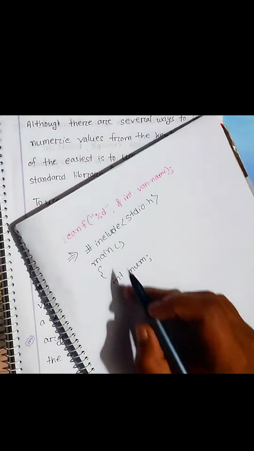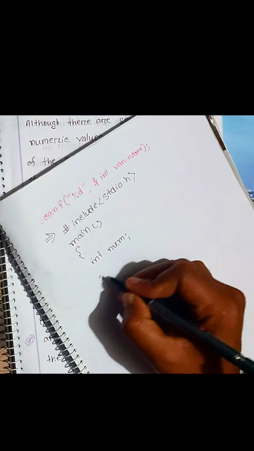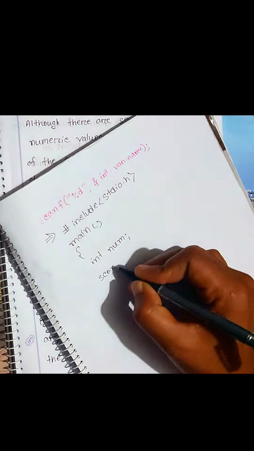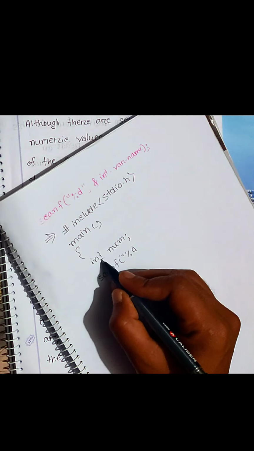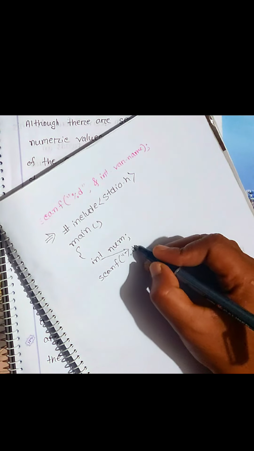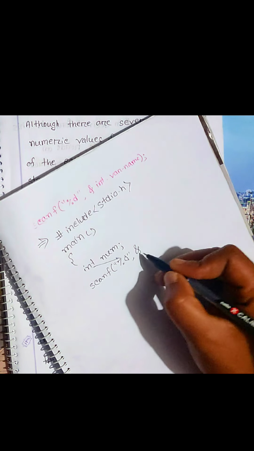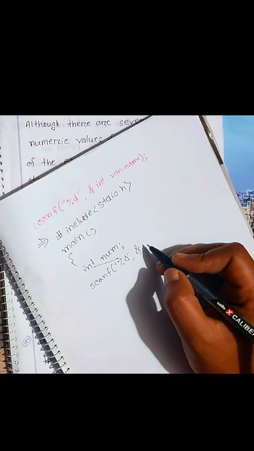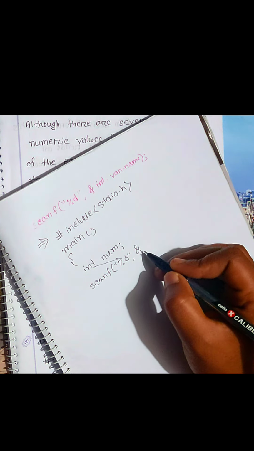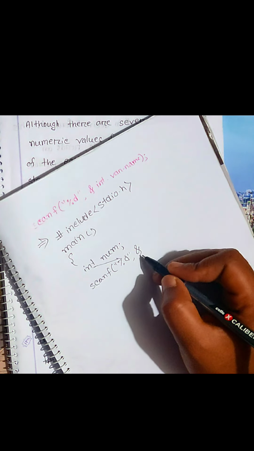Now to read this value we have to write scanf, %d, because it's an integer number here. Then ampersand. You have to use the ampersand in addition to the arguments.